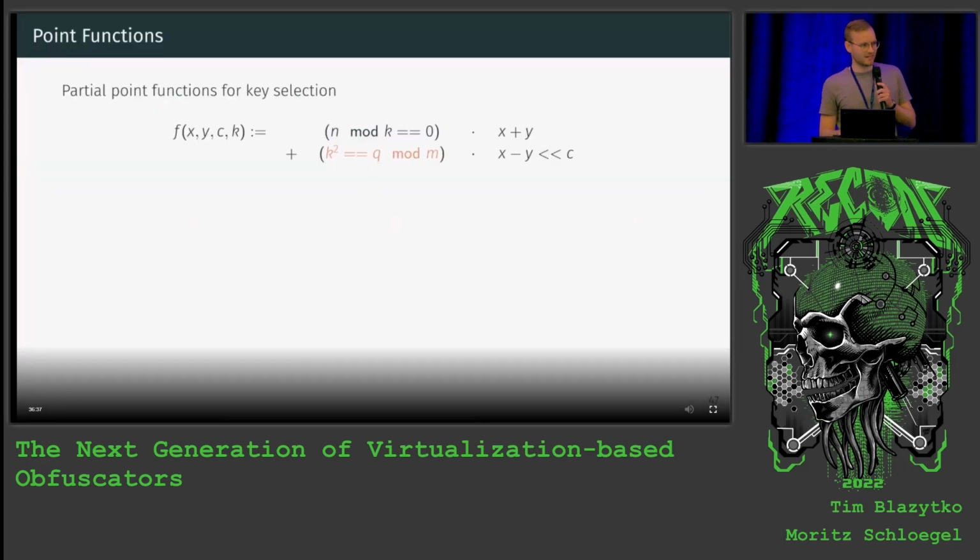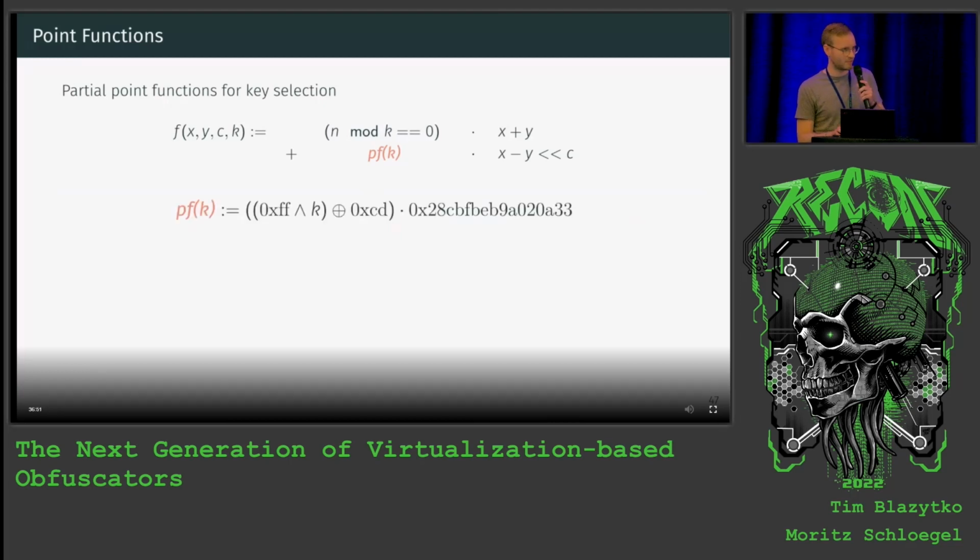And there's another key encoding I'd like to introduce. So instead of using only these mathematical type of problems, we can get rid of the quadratic residues. We've never liked them anyway. And we use a partial point function. So one example of a partial point function is this. That's synthesized. And we impose two constraints on these point functions.